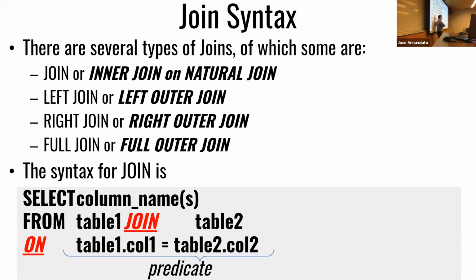If it's the left join, it means that if there were records that don't meet the criteria, bring the rest of the records from the left table anyway. The right join is the same thing: bring all the ones that meet the criteria, but also bring the ones from the right table, even if they didn't meet the criteria. Why would you ever want to do that? Let's take a look at a couple of examples on why you would want to do that.